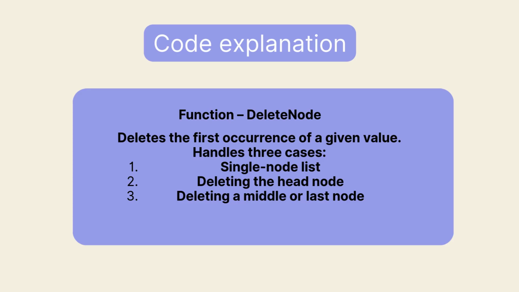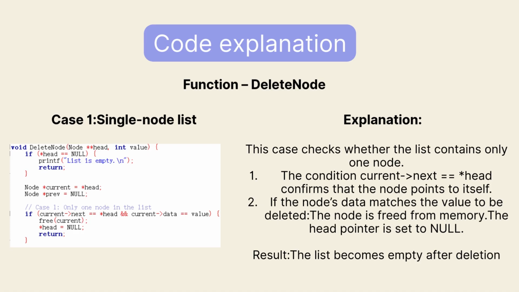And for the function delete node, it will delete the first occurrence of a given value, and it handles 3 cases: the single node list, deleting the head node, and deleting a middle or last node. For case 1, single node list, this case checks whether the list contains only one node.